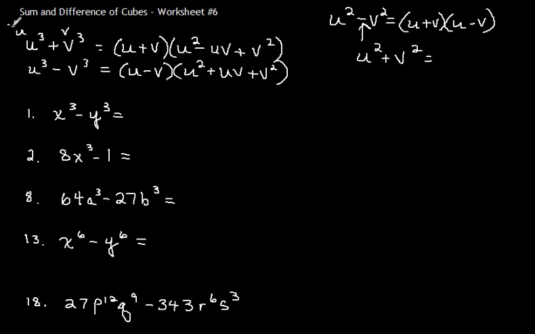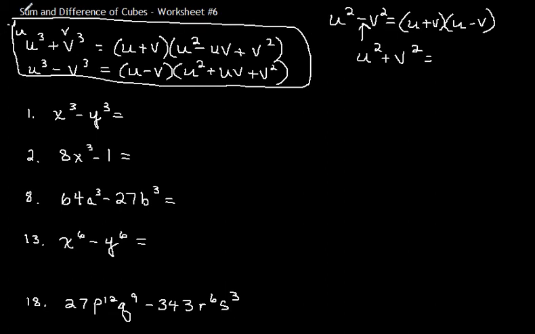For some reason I'm not writing. Here we go. I don't write on top of the formula, that is. Okay, so this one's exactly the same as the first one. This is number 1 on your worksheet, worksheet number 6. So we say, what's the cube root of x cubed? That would be x. Cube root of y cubed is y. And then you just plug in the formula. So it's the first number plus the second one, x plus y. It's the first one cubed, squared.